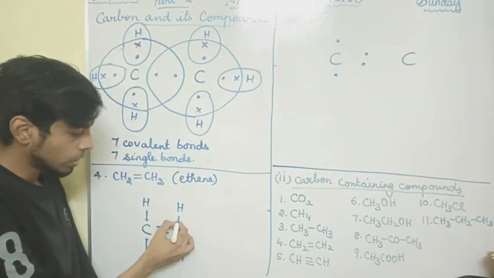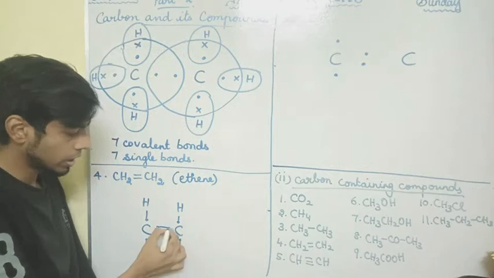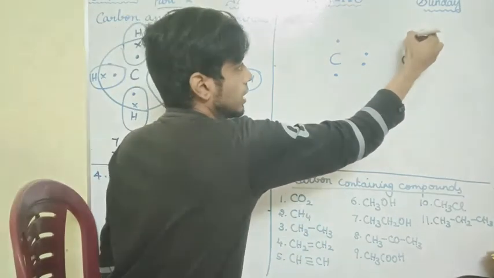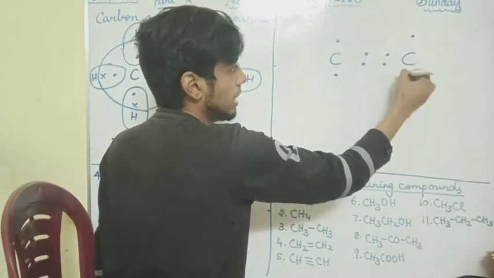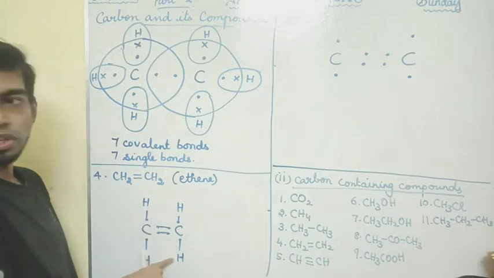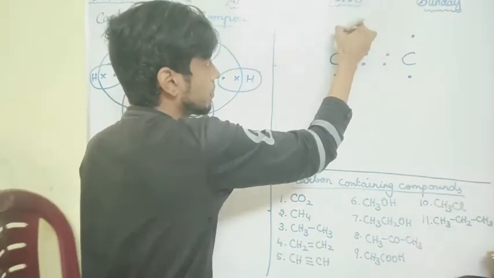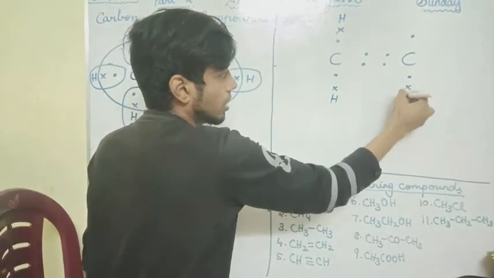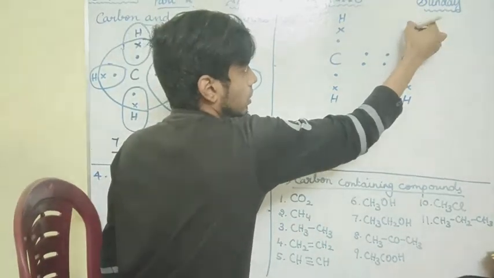Similarly for this carbon, 1 dot here, 1 dot here, and 2 dots I have to keep in the middle. So 1, 2, 3, 4. For hydrogen, always you should put 1 dot. So 1, 2, 3, 4.